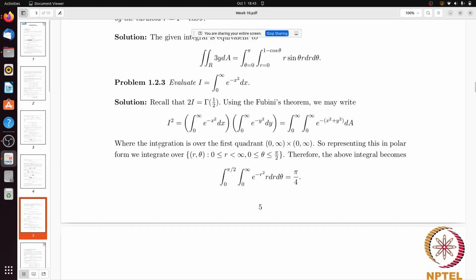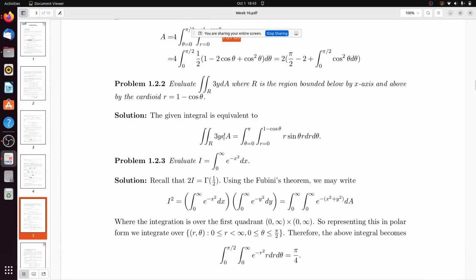When you transform from Cartesian to polar coordinates, x is r cos theta and y is r sin theta, so that is r sin theta, and the elementary area is r dr d theta.